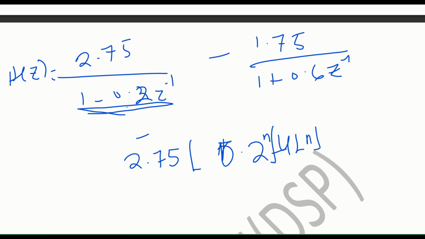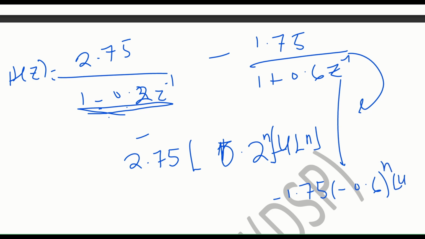Okay, and for this one, that will be minus 1.75 times, I realized that when here was negative, we got a positive alpha, so that here we get negative alpha, so minus 0.6 raised to the power n times u of n.